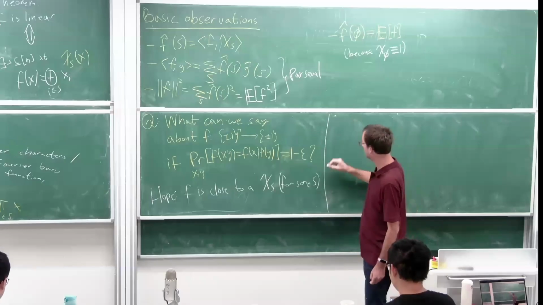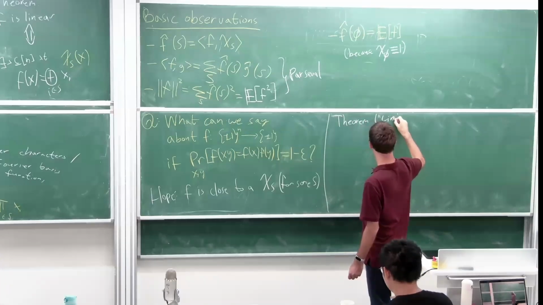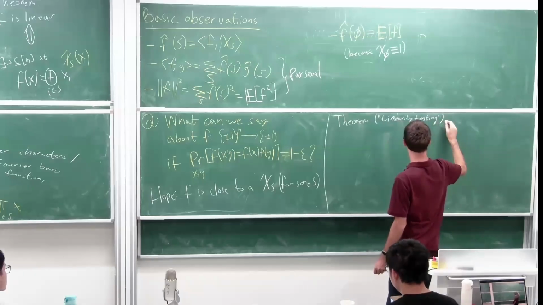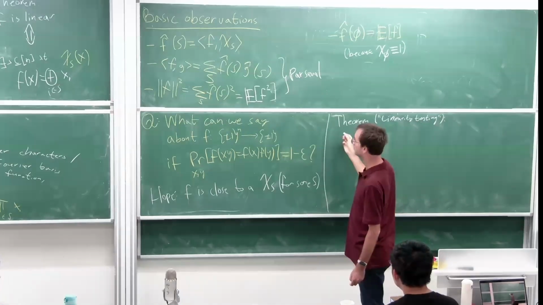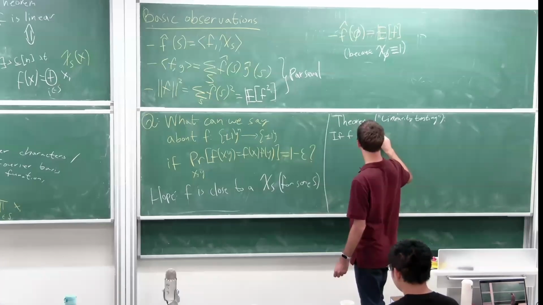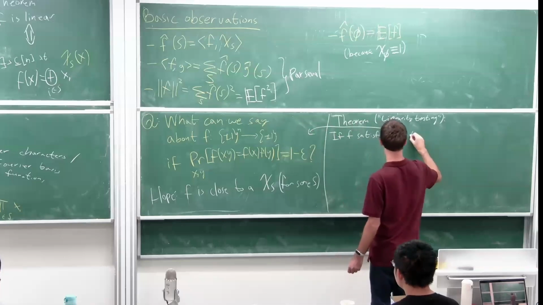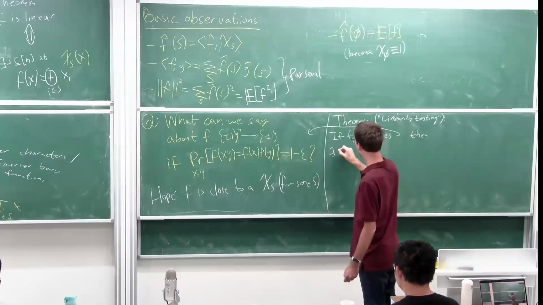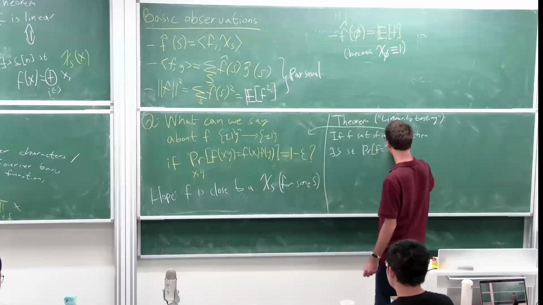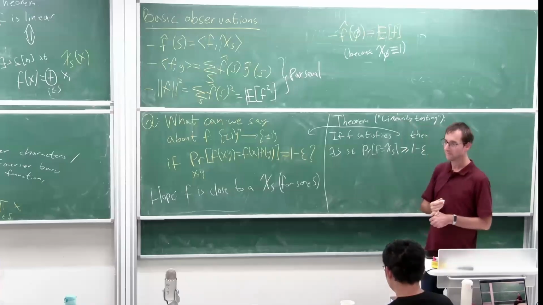So the theorem: if f satisfies the property, then there exists a character S such that the probability that f is equal to chi_S is at least 1 minus epsilon. Okay, so in this case, it's true.